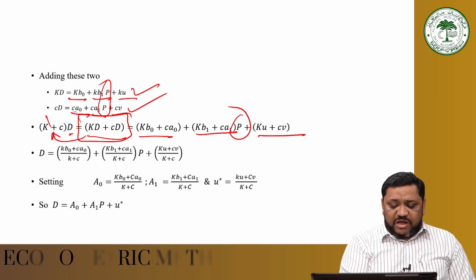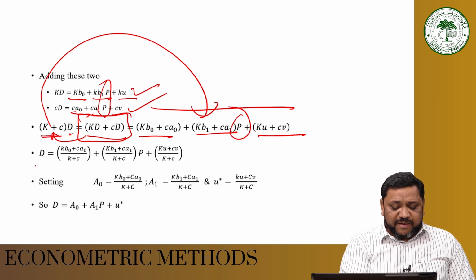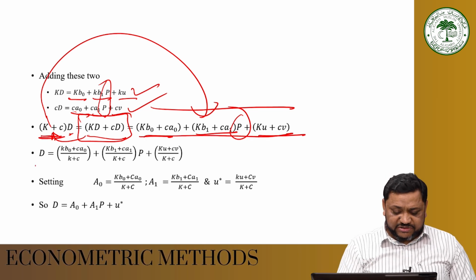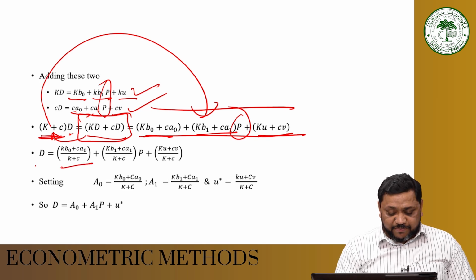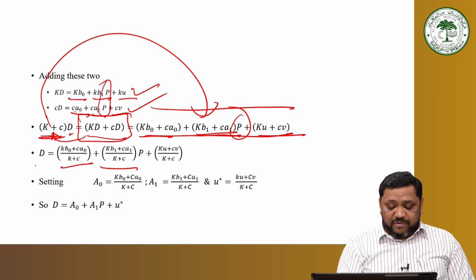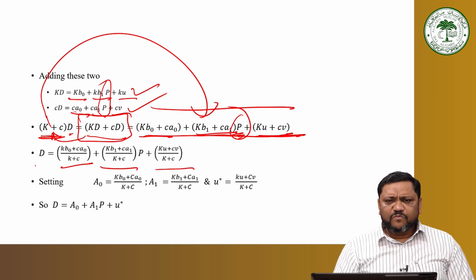Now this, we can write it in terms of this by D, and then K by C will go to the denominator of the right hand side. So we can say (KB0 + CA0) divided by (K + C). The next term, (KB1 + CA1) divided by (K + C), multiplied by P. Then the next term, (Ku + CV) divided by (K + C).